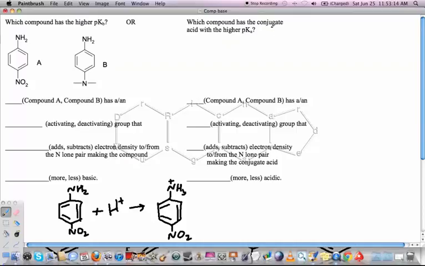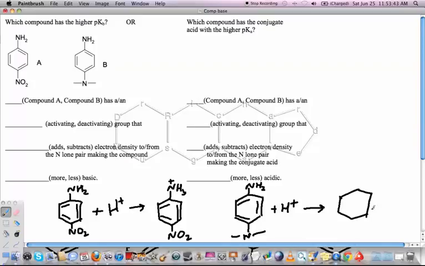Also, when you see this kind of question, which compound has a conjugate acid with the higher pKa, then we know we're dealing about bases as well, but that's going to be on the same information too. And again, the H plus goes on the amine part here.